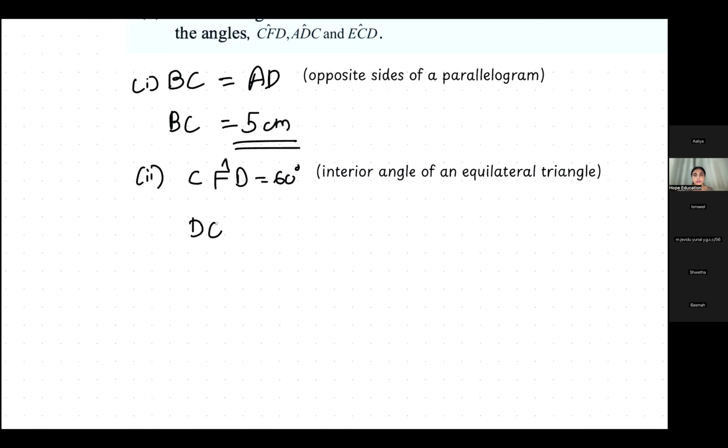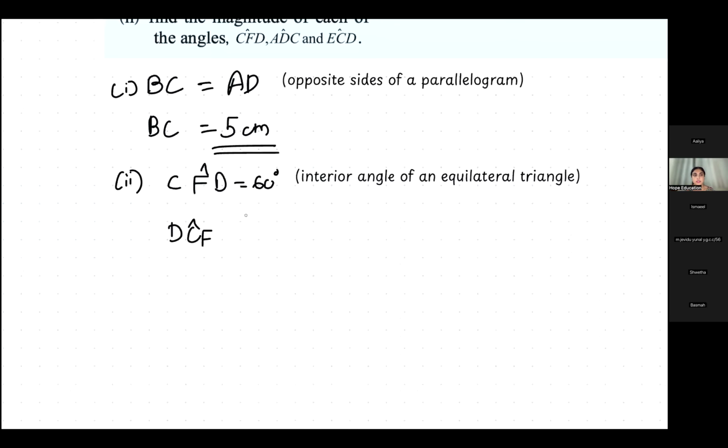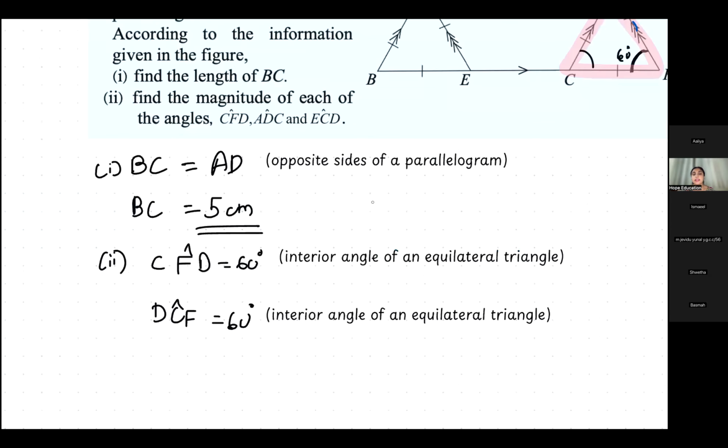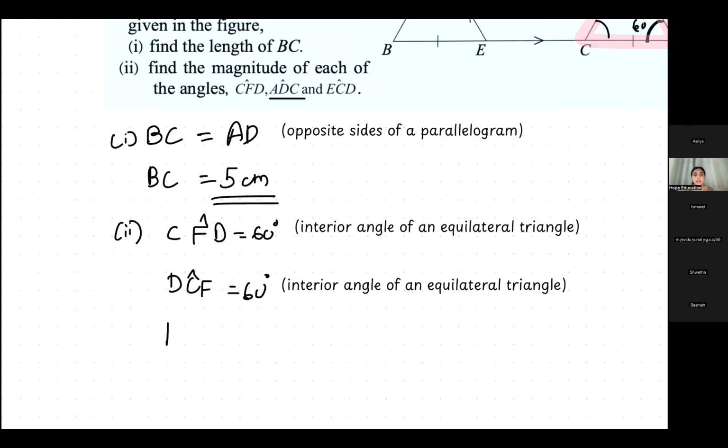DCF is 60 degrees because of the same reason as this. And we know that ADC, which is what they're asking us to find, is equal to DCF.